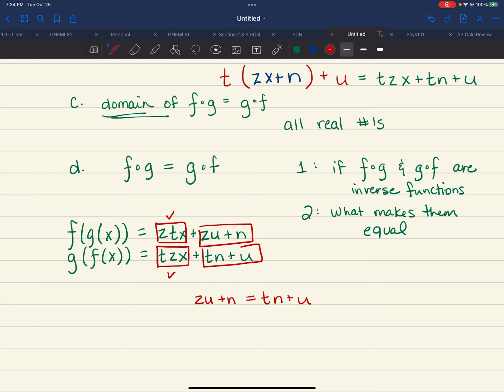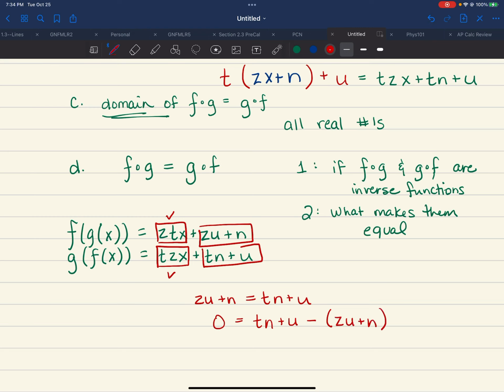And the only way to guarantee that is if you subtract one chunk from the other, right? So let's say I want to go ahead and subtract this one. So I would end up with a 0 on this side because I'm getting rid of it. And then I would have tn plus u minus quantity zu plus n.